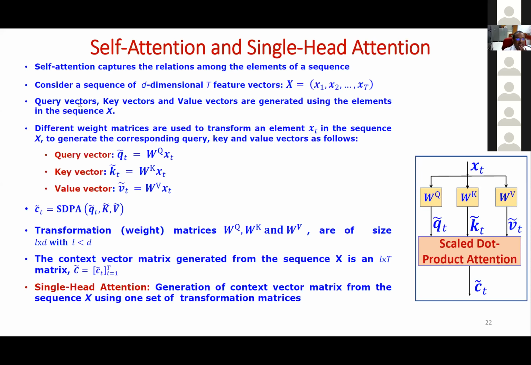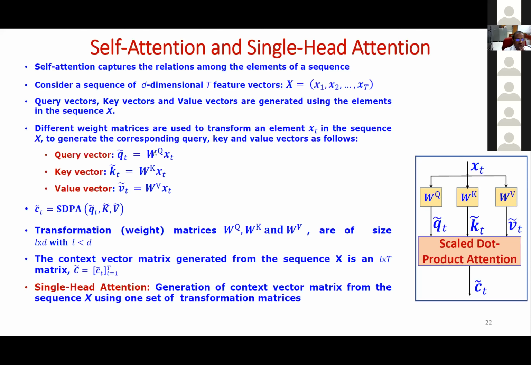Now we generate these query vectors, key vectors, and the value vectors. All these vectors are generated by doing some processing on these elements of the sequence X. But we do some kind of a transformation and then generate the query vector, key vector, and the value vector. As you can see here, this query vector Qt tilde is obtained by performing the transformation on the Xt, which is an element of this sequence, where this transformation is represented by a parameter matrix or weight matrix WQ.